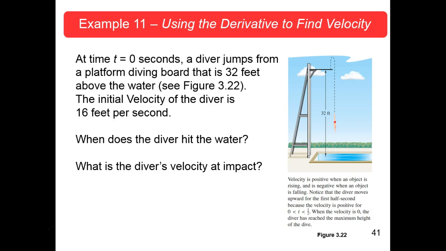That's his initial speed off the board, going up, and slightly out, so he doesn't catch the board on the way down. The question: when does the diver hit the water? And then the second question will be, what is the diver's velocity at impact?